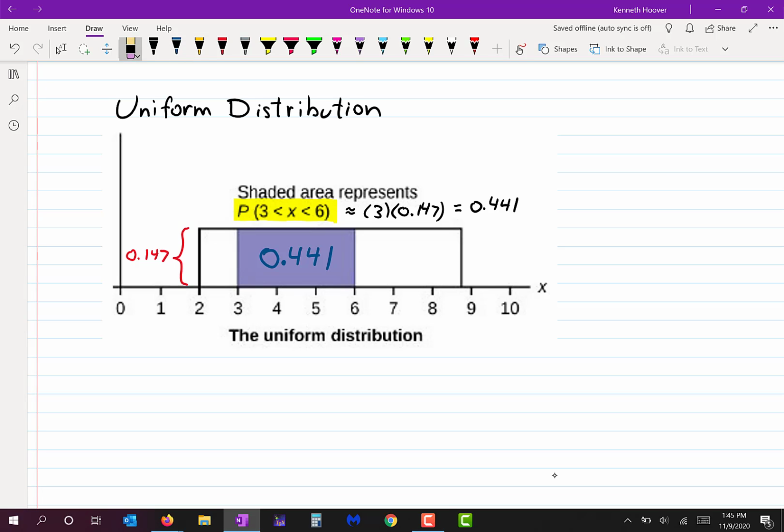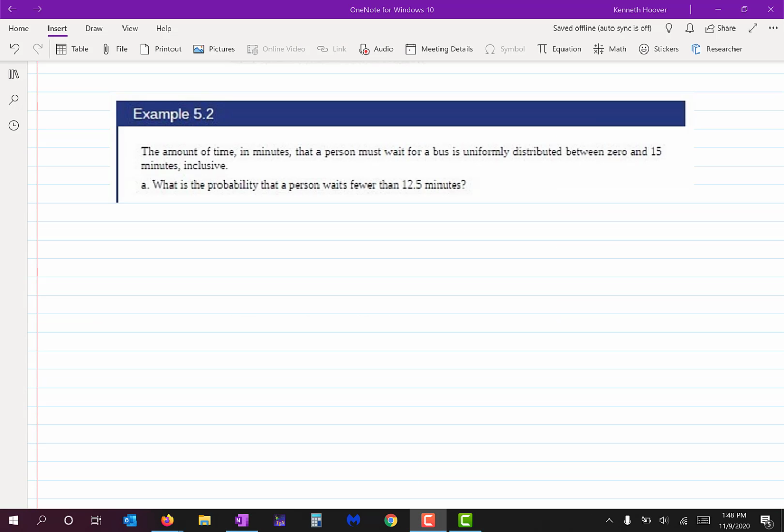Let's do a problem out of the book. Here's example 5.2, off of page 247.